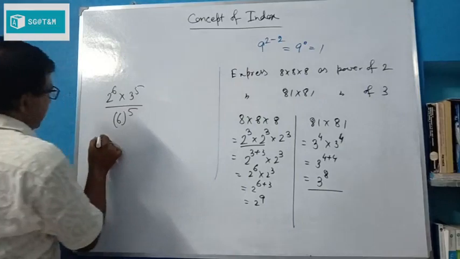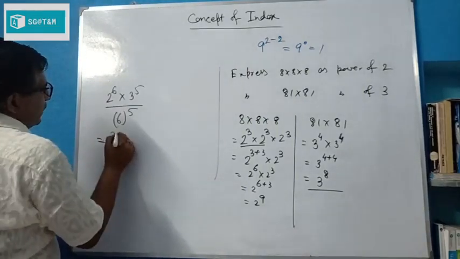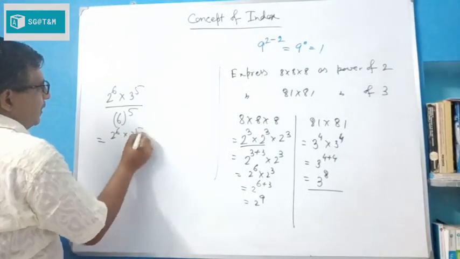Now if we write in this way, 2 to the power 6 remain intact, 3 to the power 5 remain intact.